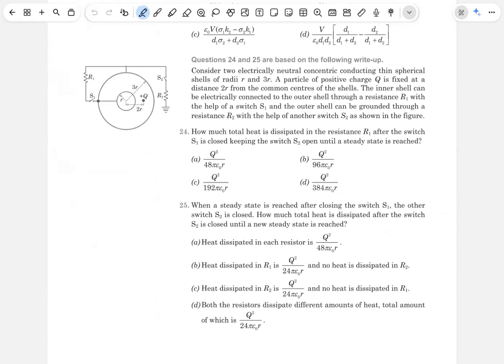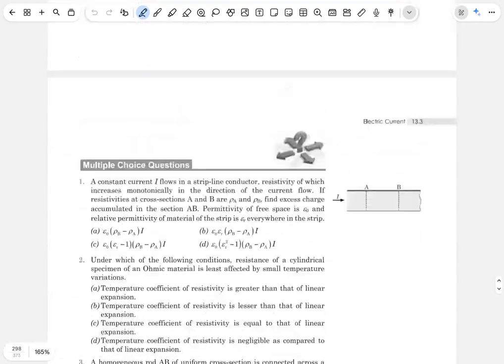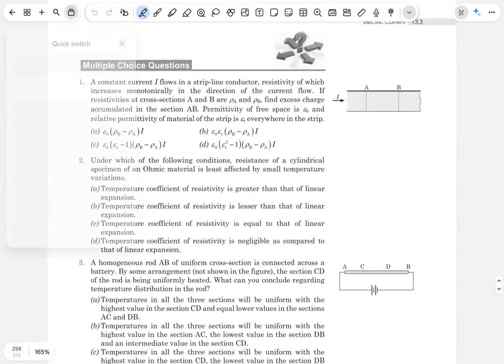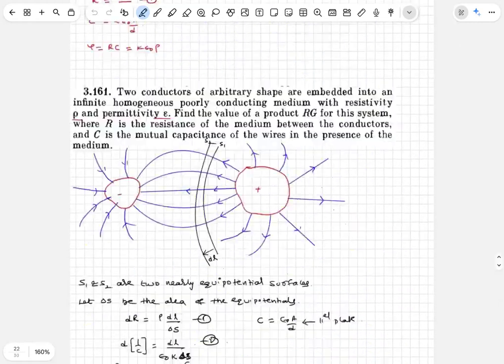A very, very, very good question, honestly. Now we'll take this question. I think I already pasted this question earlier. Straight away, we'll go there.